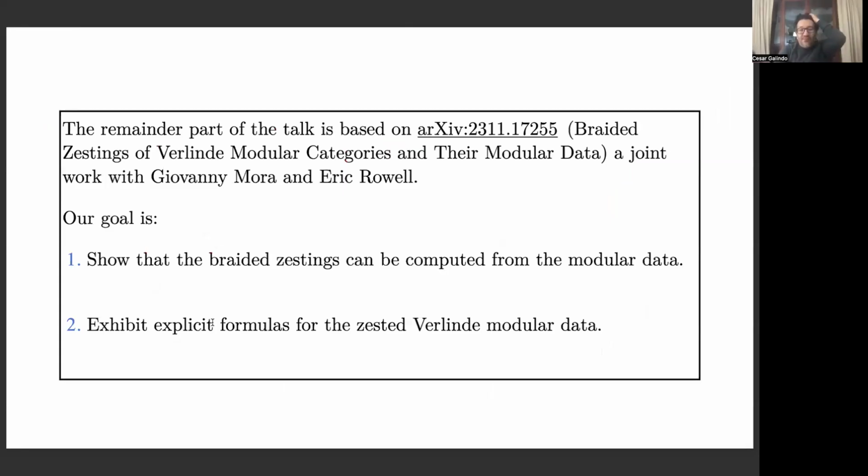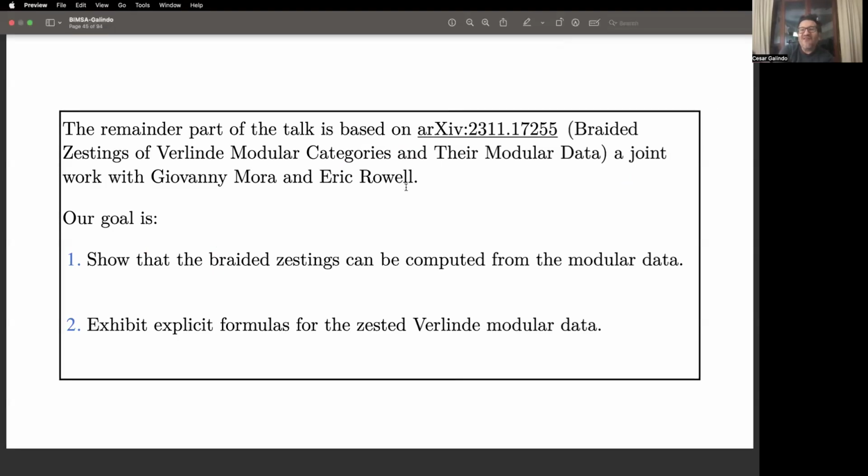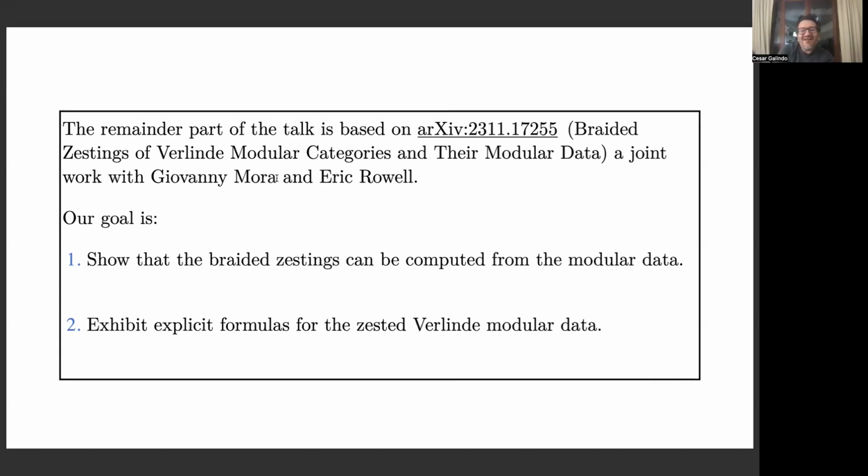So what is the plan for the remaining part of the talk? I am not finishing yet. It's just that I don't want to recall the whole theory of braided zesting and all the results, because that is a result we did like three years ago.